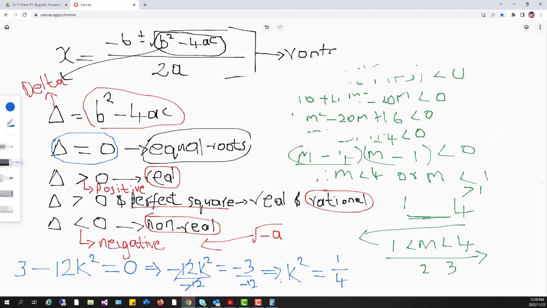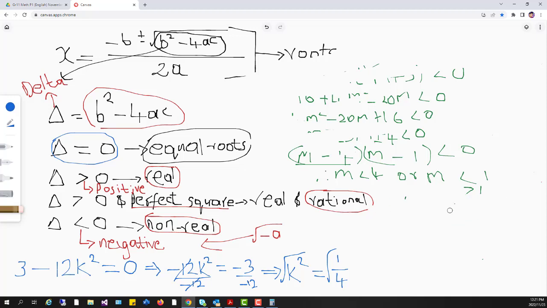Okay, almost done. Then we're going to take square root on both sides to offset that square. All right, square root of k squared will then be k equals square root of 1 is 1. Remember, we have plus or minus, and then the square root of 4 is 2.